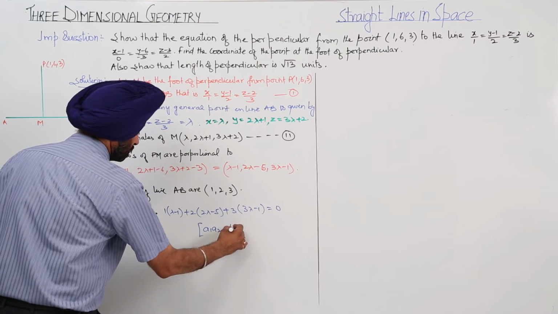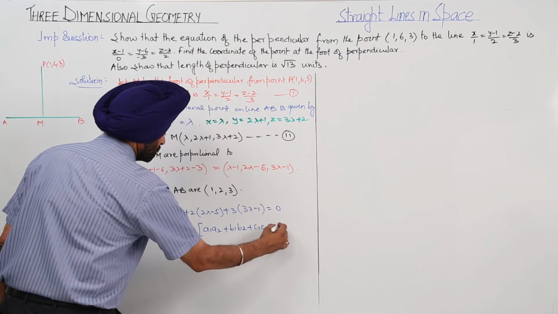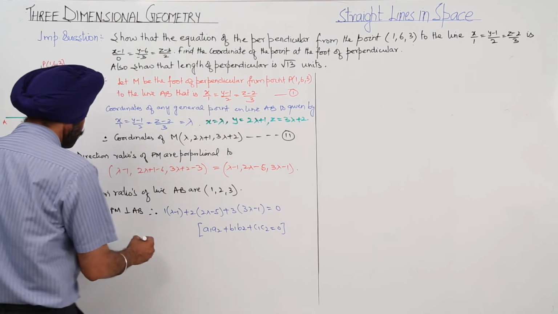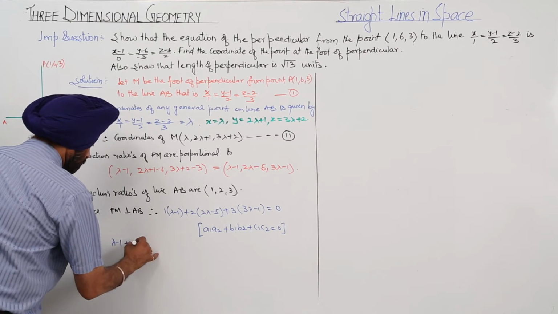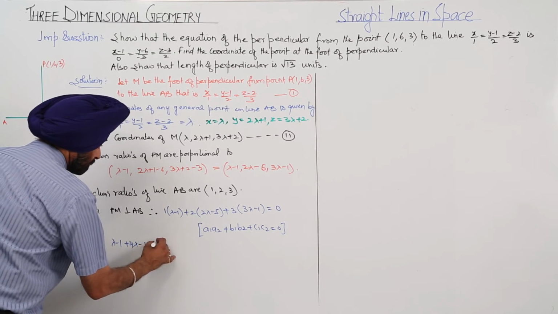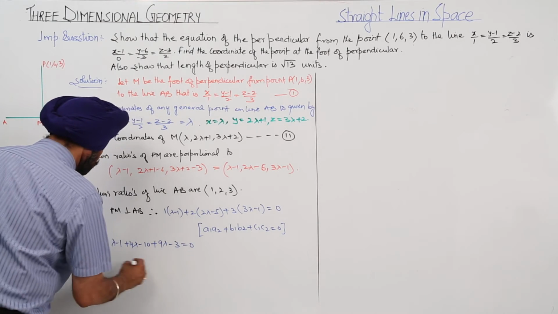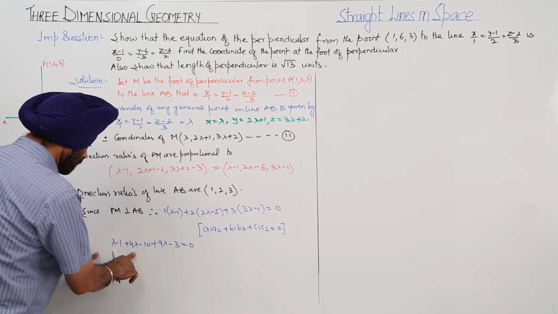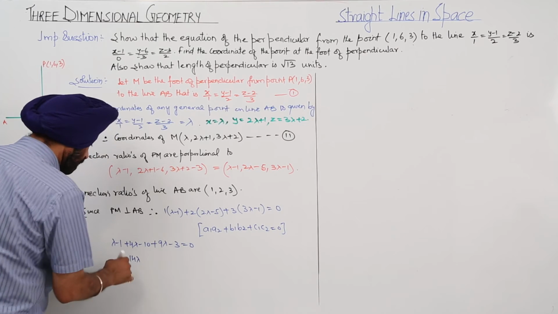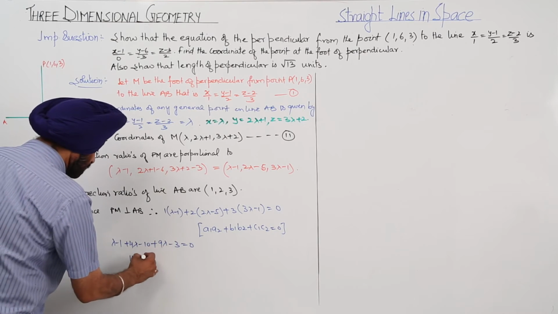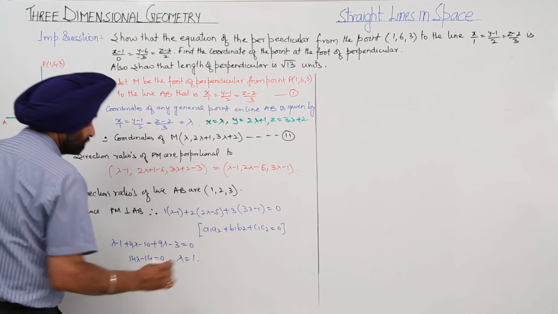That is, A1 A2 plus B1 B2 plus C1 C2 is equal to 0. Now let's solve it. Lambda minus 1 plus 4 lambda minus 10 plus 9 lambda minus 3 is equal to 0. Now lambda, 4 lambda and 9 lambda make 14 lambda, and minus 1 minus 10 minus 3 is minus 14, so 14 lambda minus 14 is equal to 0. Lambda is equal to 1.